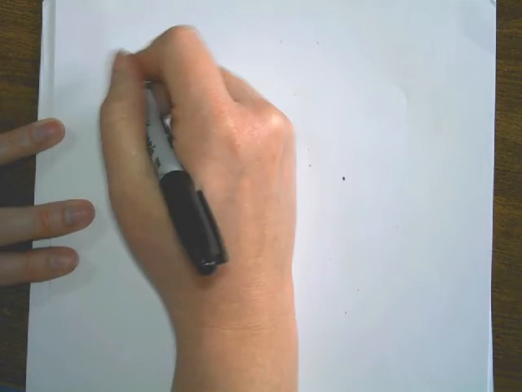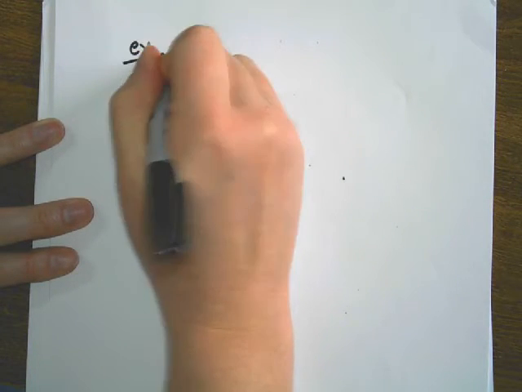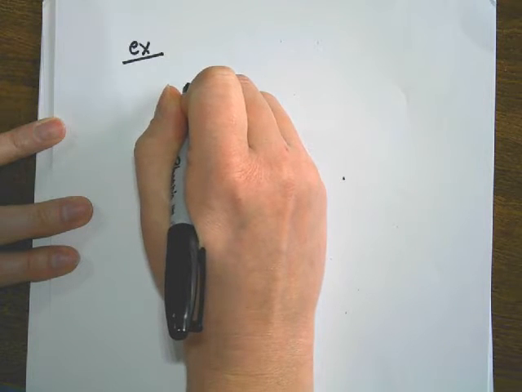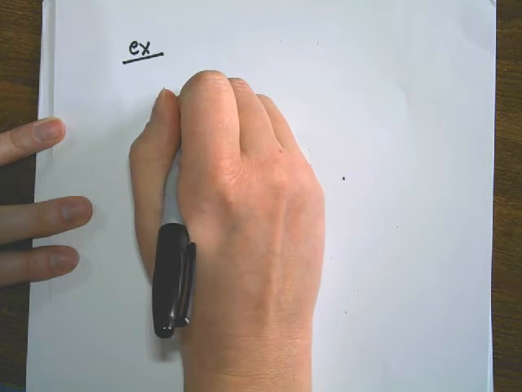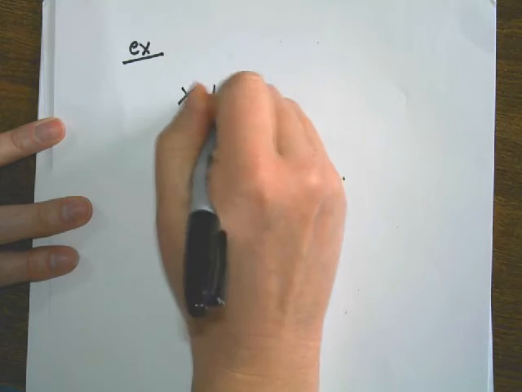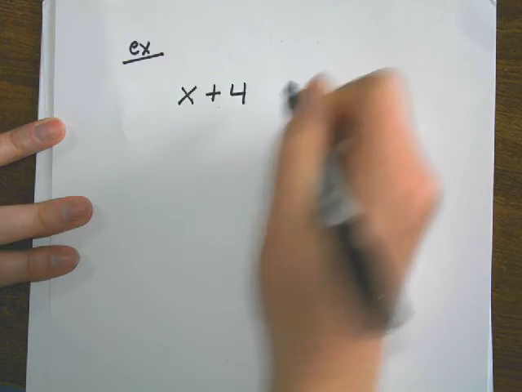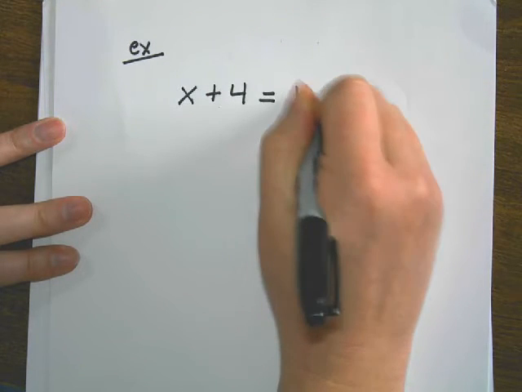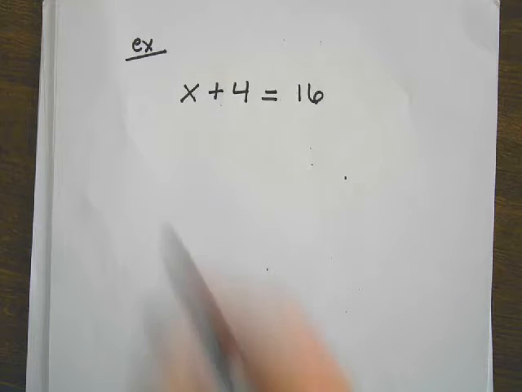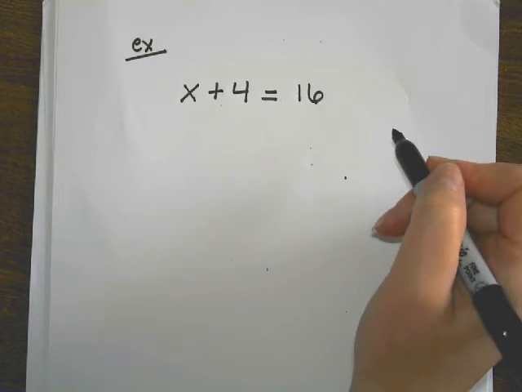Here is our first example. So, for example, if I would like to solve for x, and I have x plus 4 is equal to 16. I can look at this a bunch of ways. I can say, all right, so a number plus 4 gives me 16.